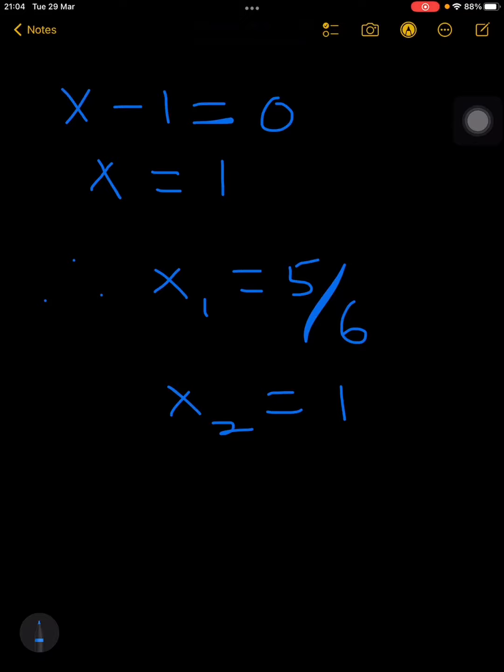The answer should be 0, which should be equal to 0. And then again, when you substitute with 1, where our value for x2 is 1, 6 multiplied by x squared, which is 1 squared, then minus 11 multiplied by 1 plus 5 is equals to 0. Please confirm that, but the answer should be correct.